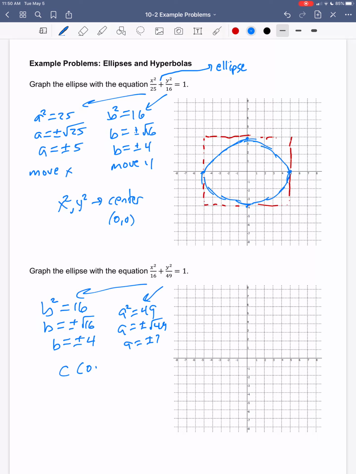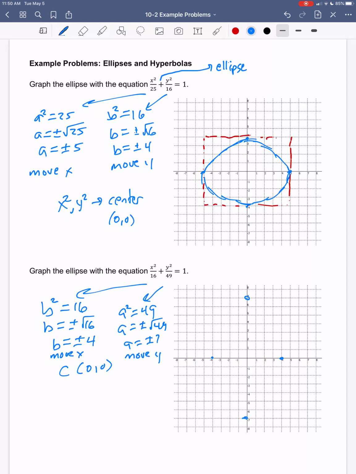And again, the center here is starting at 0, 0. But where did this 16 come from? That was from the x. So I move that far in the x direction, and the 7 is what I move in the y direction. So I move 4 in the x direction and 7 in the y direction, so up 7 and down 7.